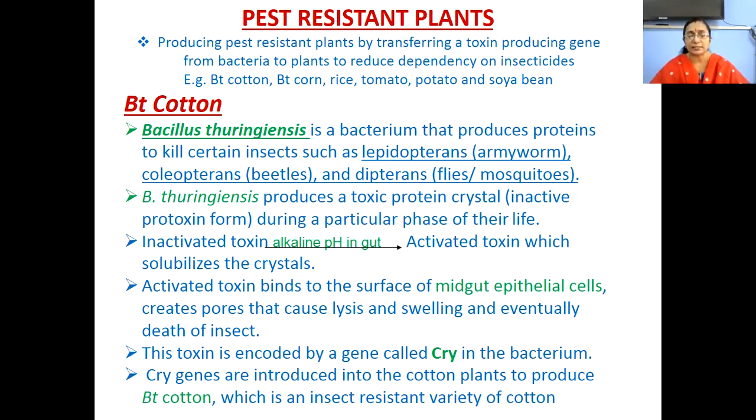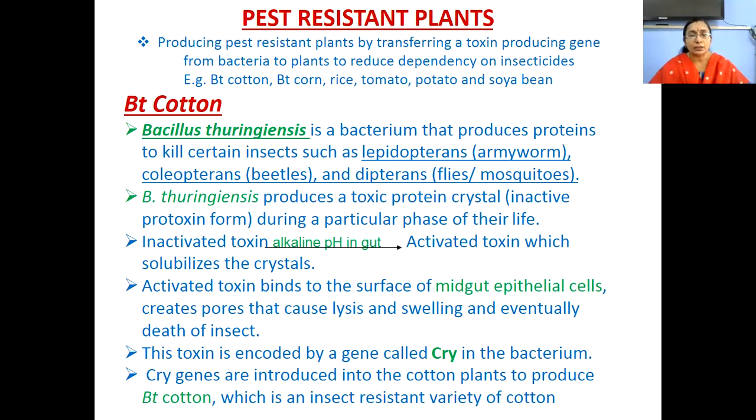BT stands for a bacterium whose name is Bacillus thuringiensis. This Bacillus thuringiensis is a soil bacterium and it produces some proteins which will kill many groups of insects like lepidopterans, coleopterans, dipterans.